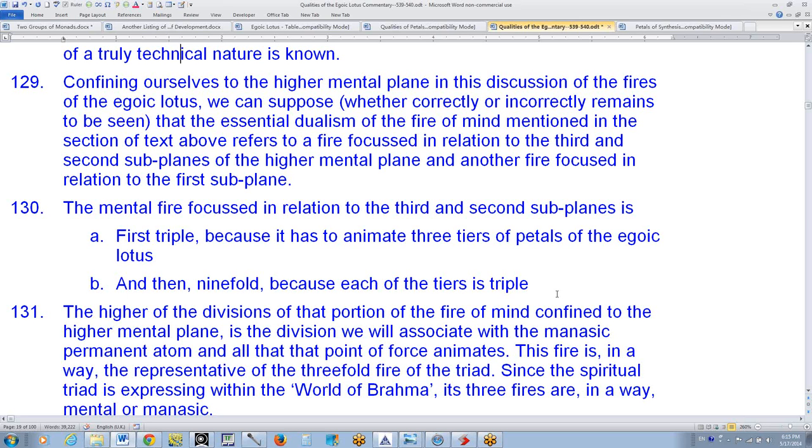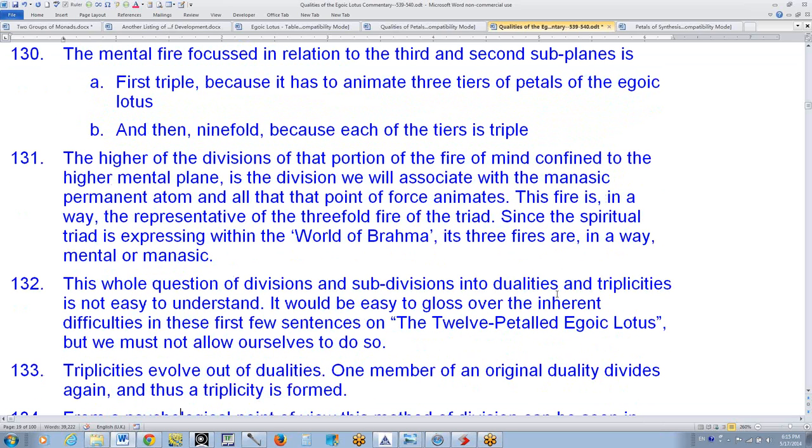The higher of the divisions of that portion of the fire of mind confined to the higher mental plane is the division we will associate with the monadic permanent atom and all that point of force animates. So this fire is, in a way, the representative of the threefold fire of the triad. It is triple anyway, because of its 3 spirillae. Since the spiritual triad is expressing the world of Brahma, its 3 fires are, in a way, mental or monadic.